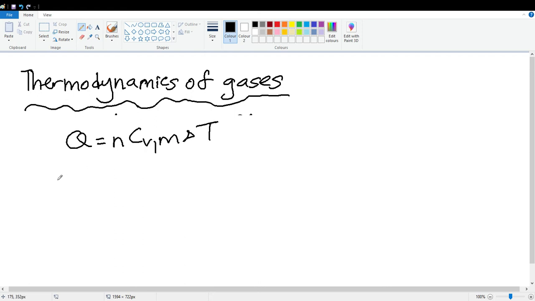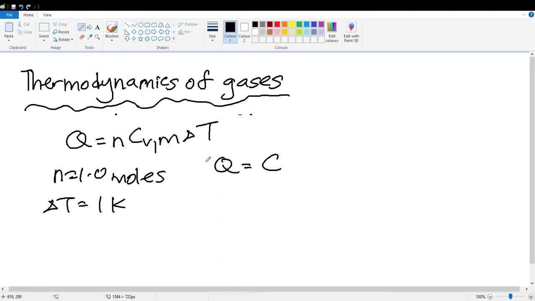Let's say my mole is 1 mole according to the definition, and my delta T is 1 K. So what we have is the heat required to raise the temperature of 1 mole of gas by 1 K at constant volume.